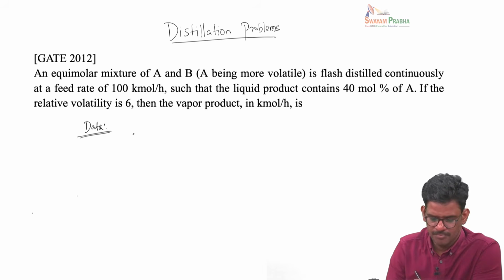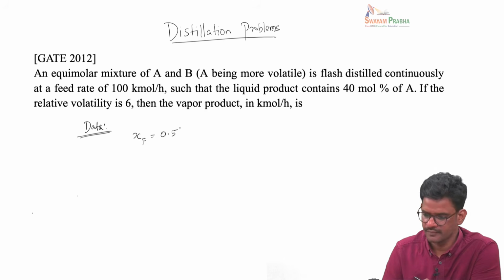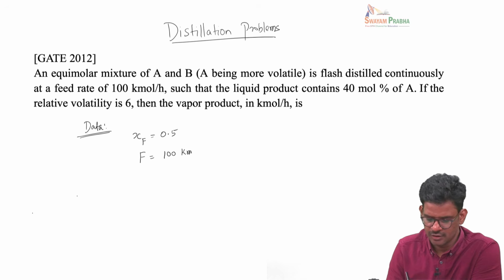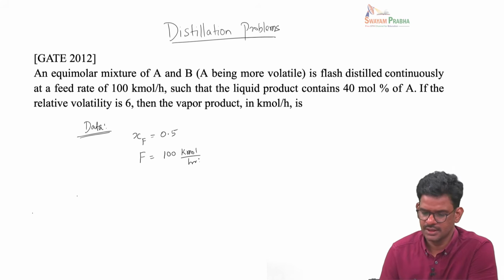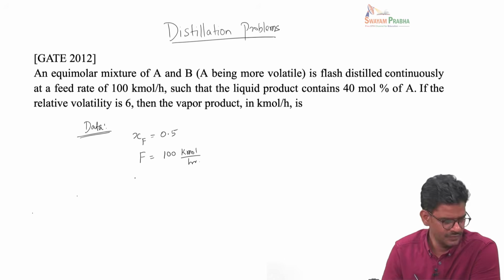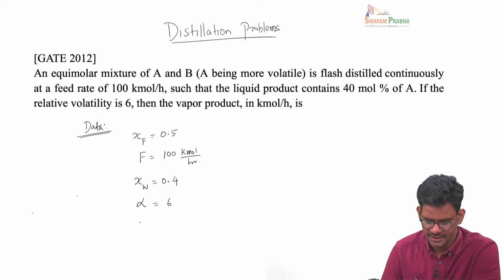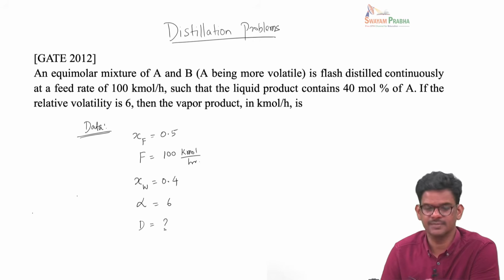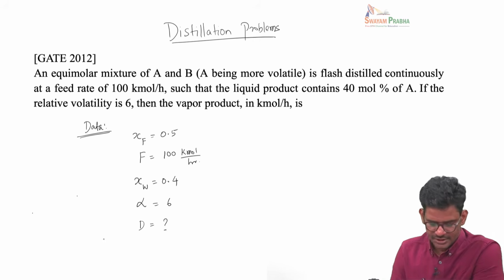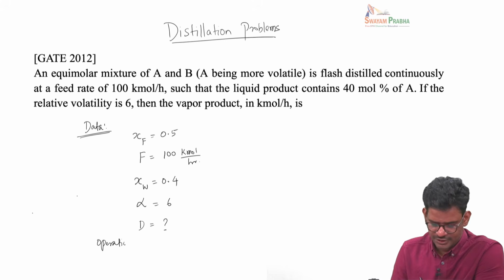So the feed composition is 0.5 and the feed rate is given as 100 kilomole per hour, and the liquid product contains 40 mole percent of A. So that is the residue composition is 0.4 and the relative volatility is 6, and we need to find the vapor product, which is D in kilomole per hour. Okay, and the operation is flash distillation.